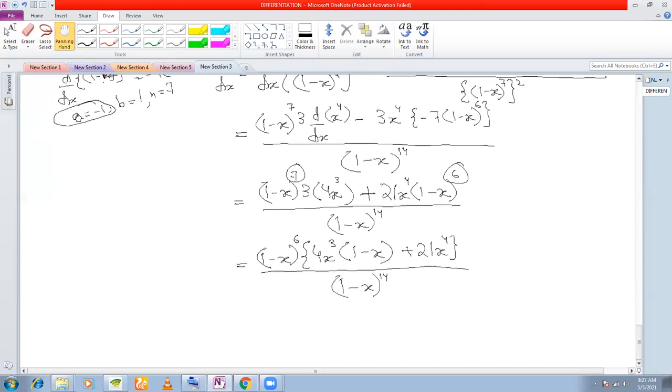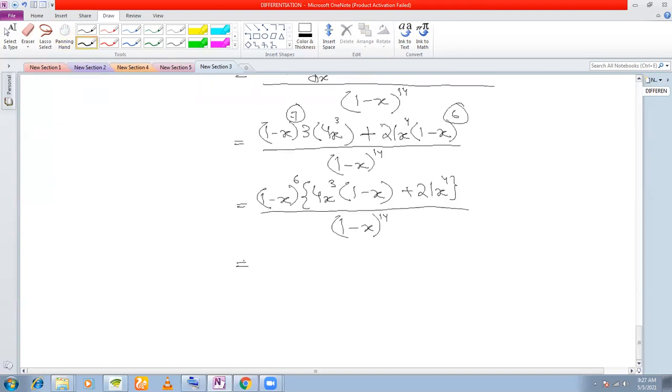Now the powers will cancel here, 6 and 14 minus 6. 14 minus 6 is how much? 8, right? So this will become 4x cubed into (1 minus x) plus 21x to the power of 4 divided by (1 minus x) to the power of 8.